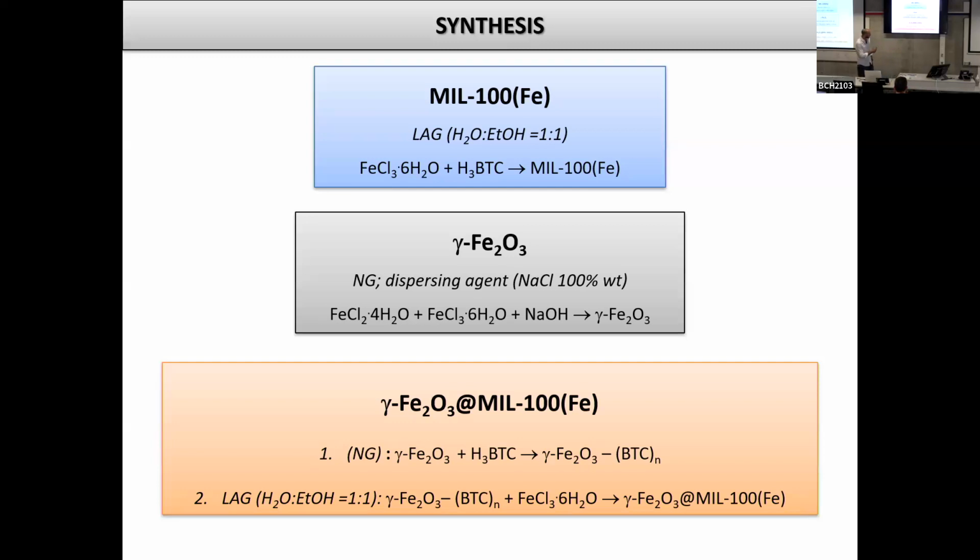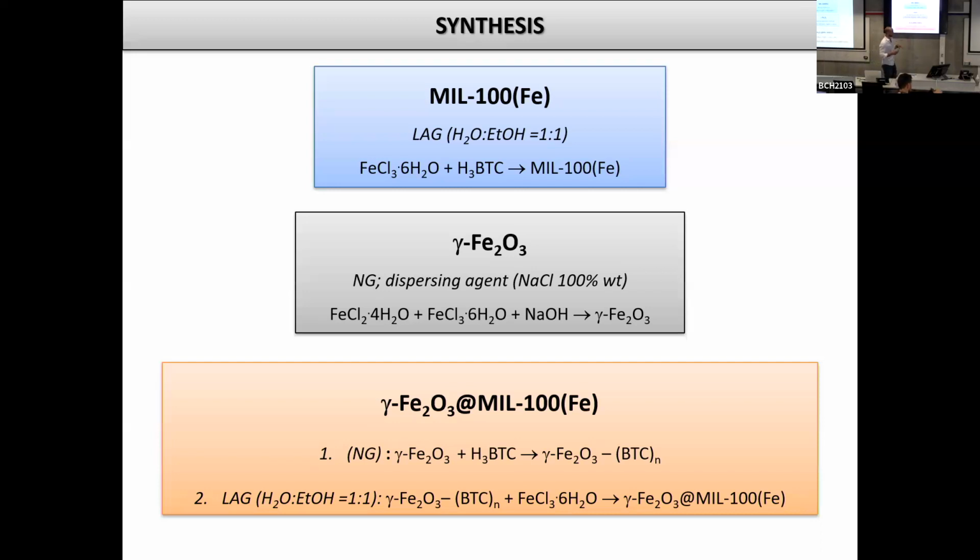And for the synthesis of the composite, we followed a procedure with two steps. The first step was based on surface derivatization of the magnetic nanoparticles, which were decorated with trimesic acid through neat grinding.